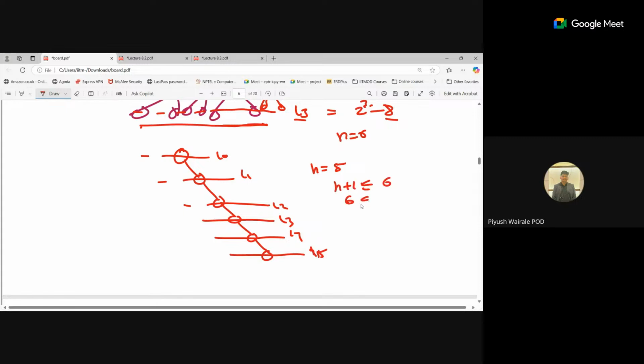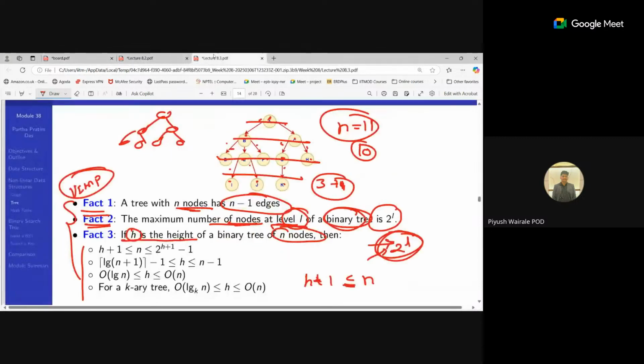Yes, 6 is less than or equal to 6. So in this particular case, in the worst case scenario, this will get satisfied. Okay, so remember this point. And again, this n will be less than or equal to 2 to the power h plus 1 minus 1.